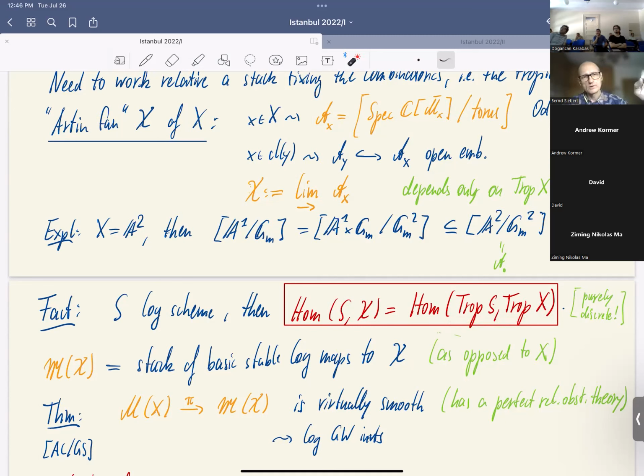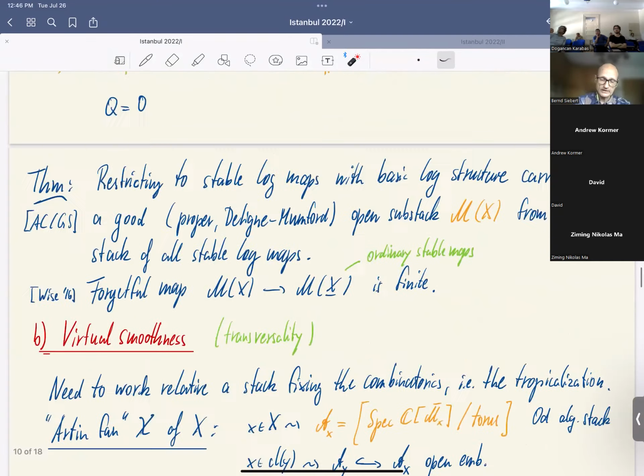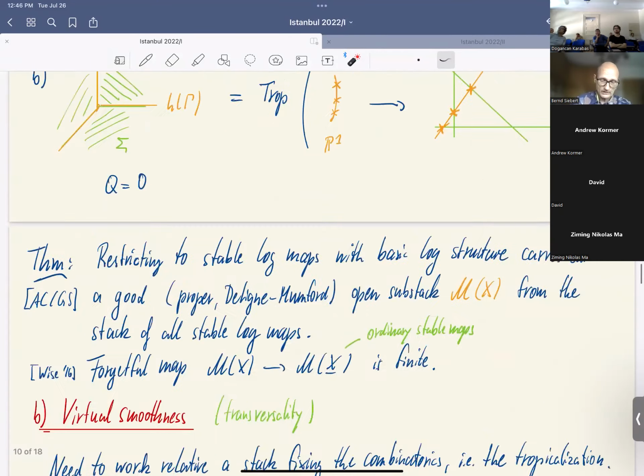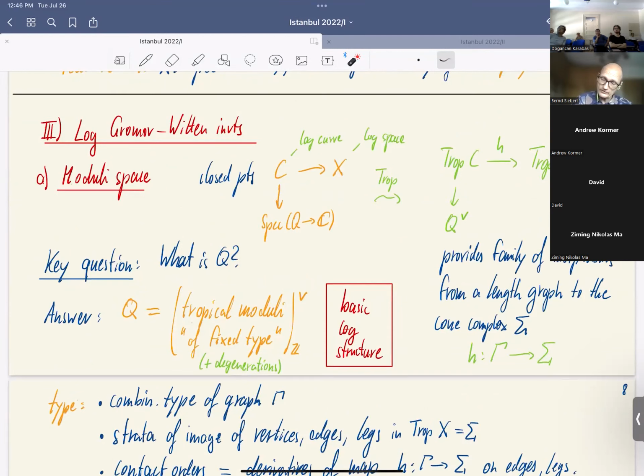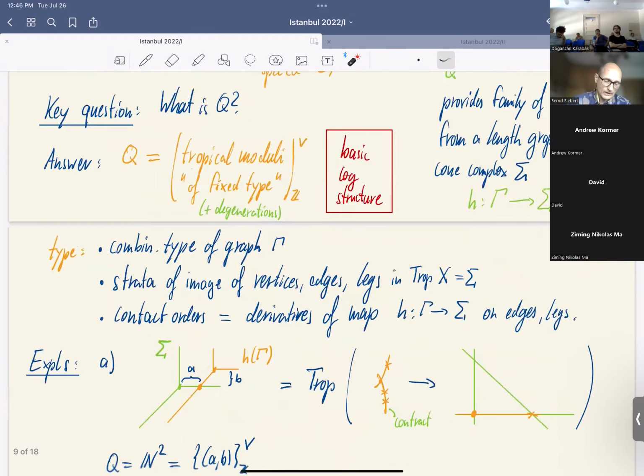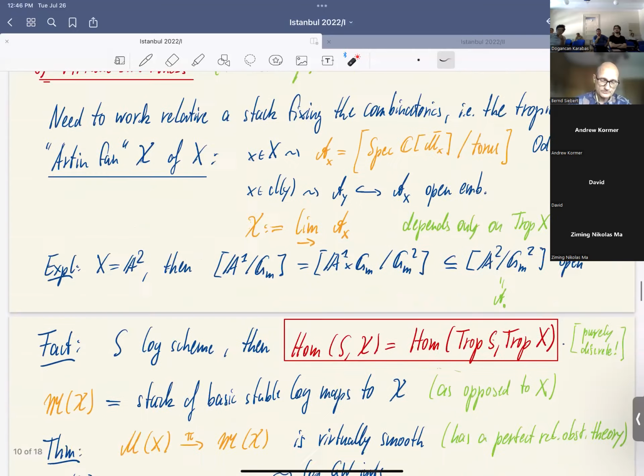So the upshot is, apart from the information of the domain as a log curve, the only additional information is exactly this map, or maybe this diagram. That's the only additional information. This is our base space.